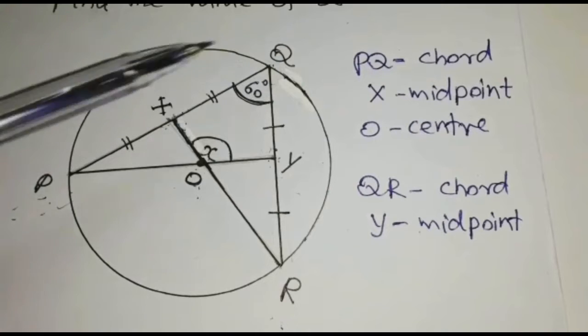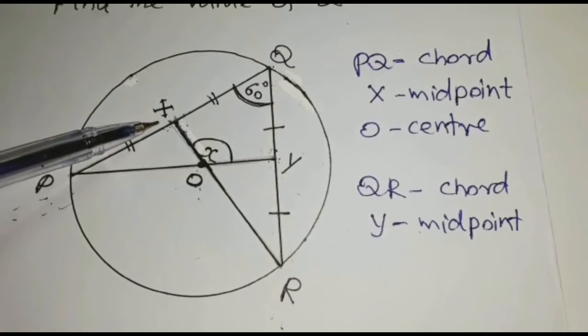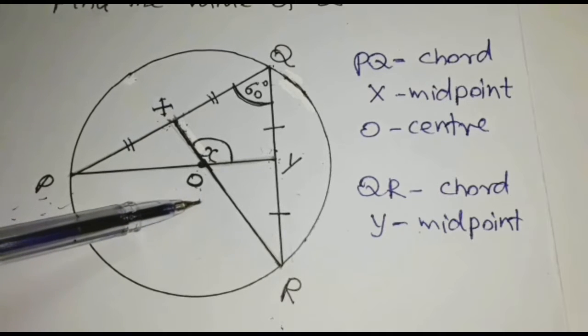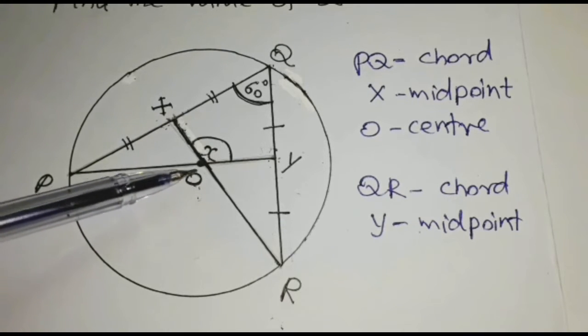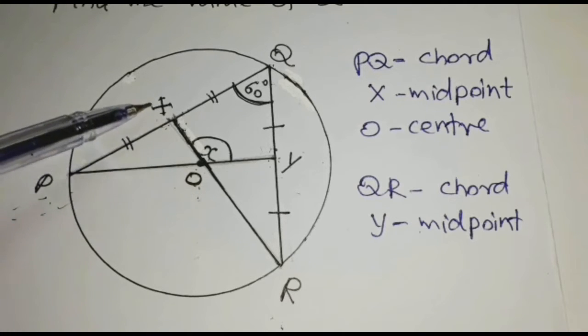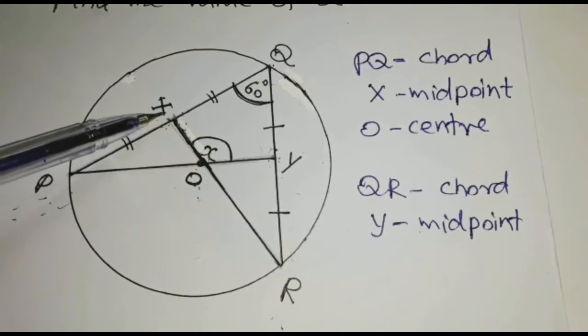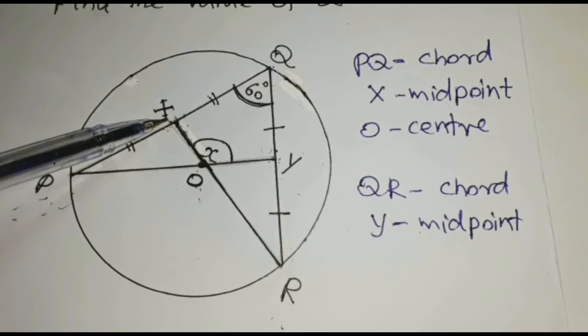PQ is a chord. X is the midpoint of that chord. O is the center. We can see a straight line has been drawn from the center to the midpoint of the chord.